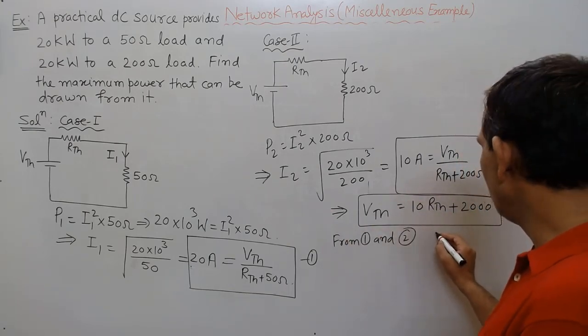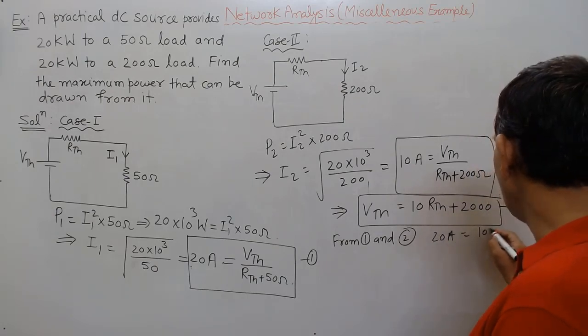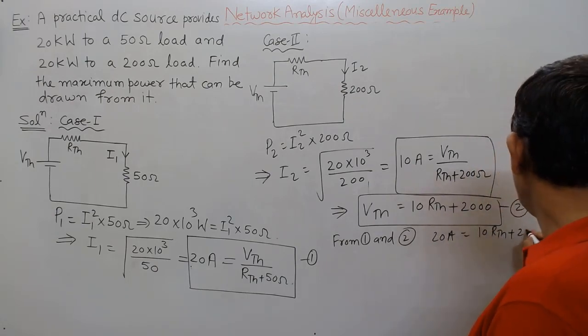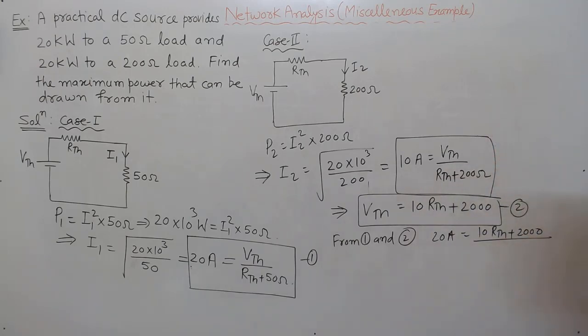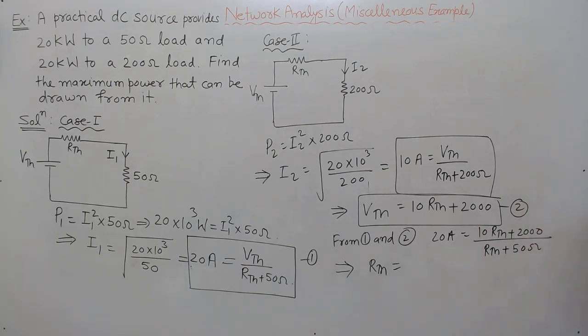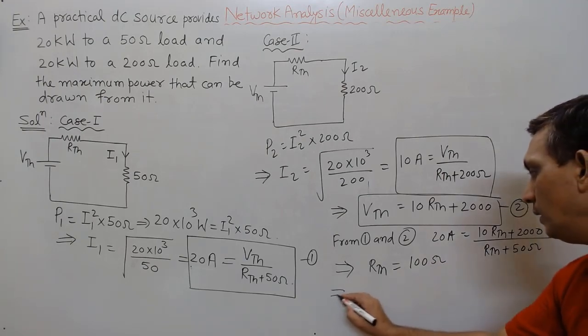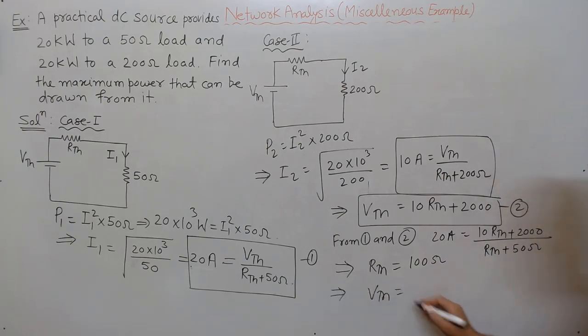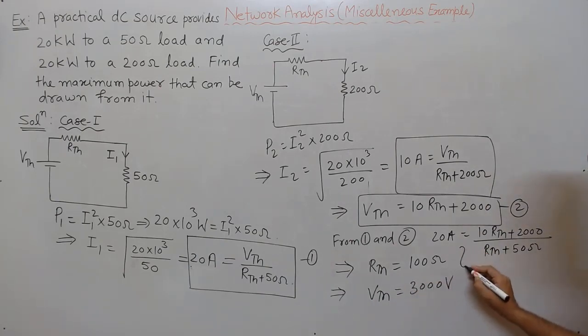So this will give you 20 ampere, VTH is 10 RTH plus 2000 divided by RTH plus 50 ohm. If you solve this, you will get RTH is 100 ohm. And then you will get VTH, and this VTH is 3000 volt. That is VTH and RTH.